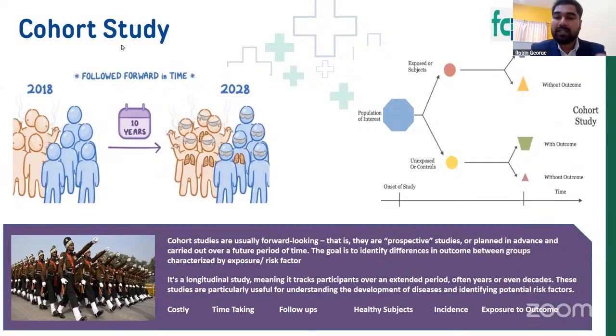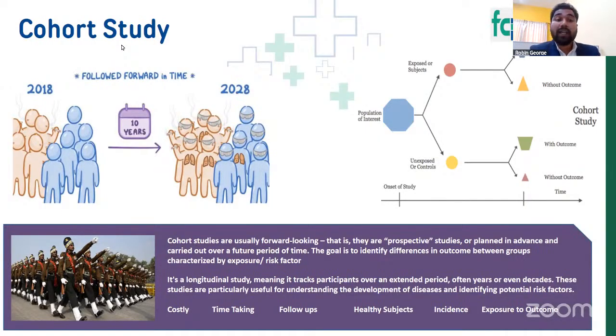You can see in this left-hand side picture 2018, then a 10-year gap, then 2028. What is the difference? In 2018, all these 8 people are healthy, they don't have lung cancer. But by 2028, 6 people have lung cancer.